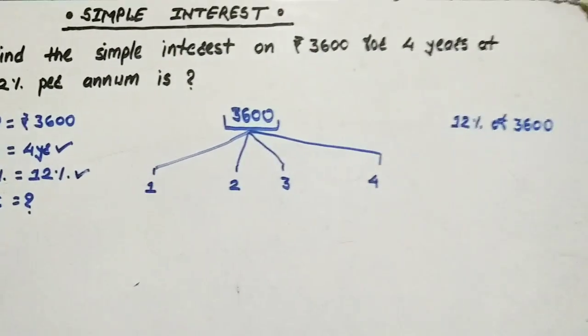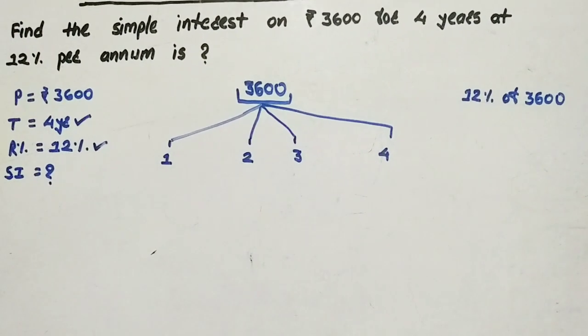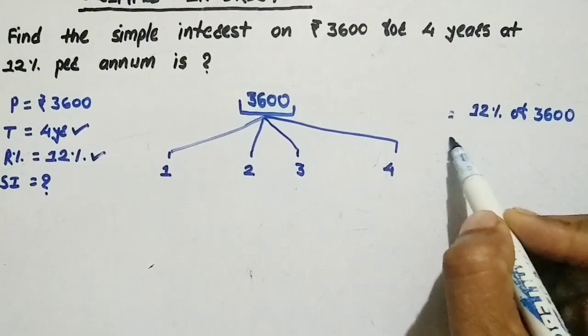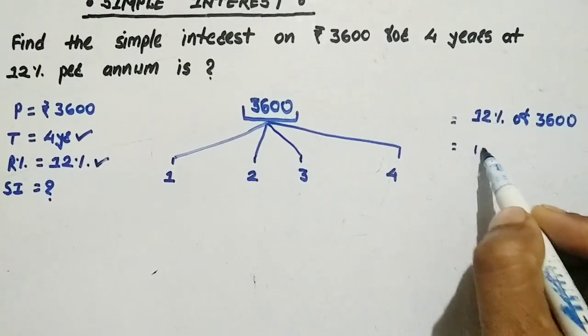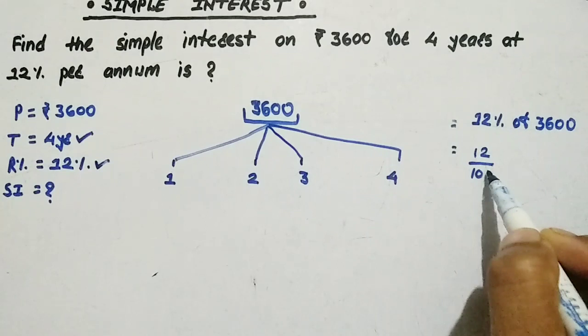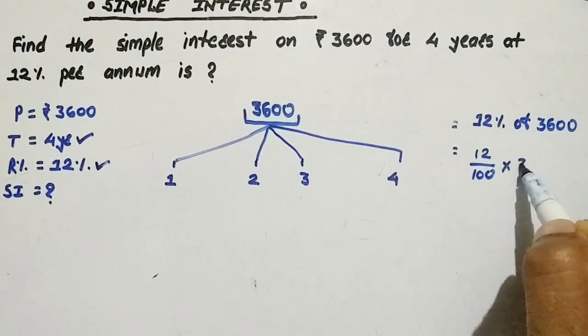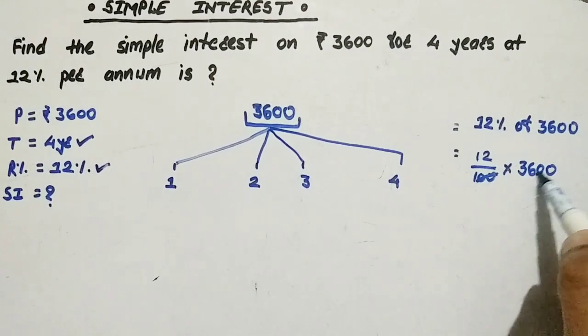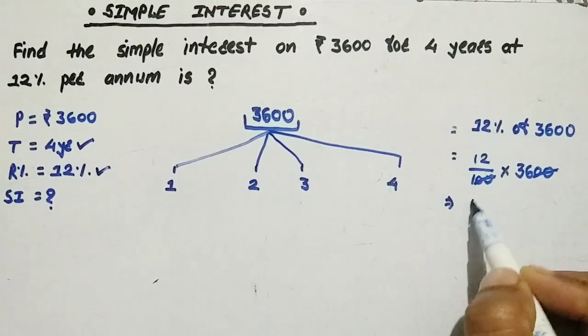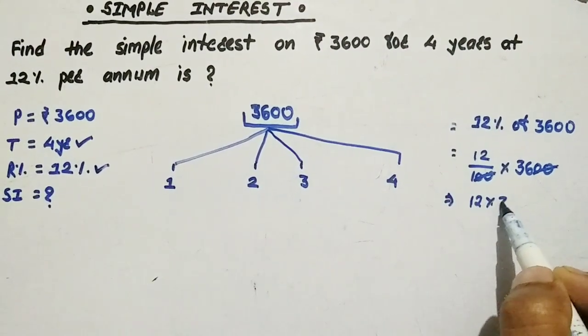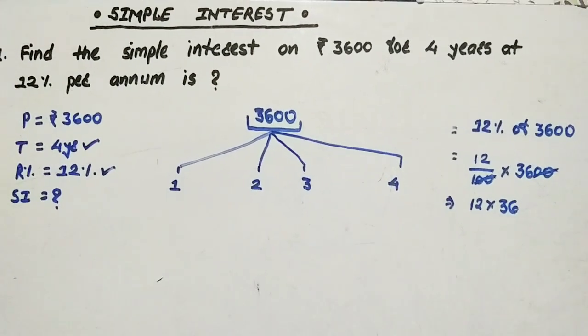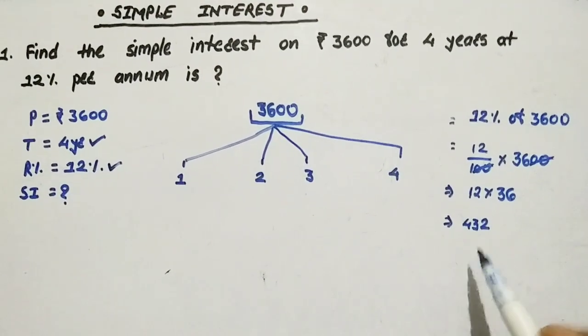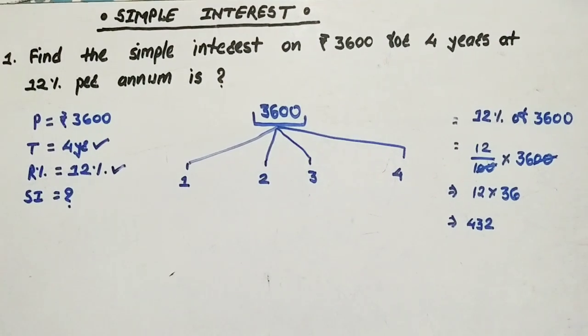First we find 12% of 3600. 12% means 12 divided by 100, of means multiplication, 3600 as it is, the two zeros cancel out, so remaining 12 into 36, and simple calculation gives rupees 432, that is the interest.